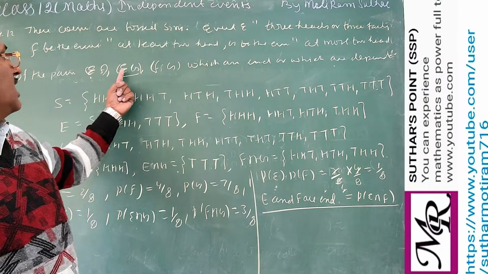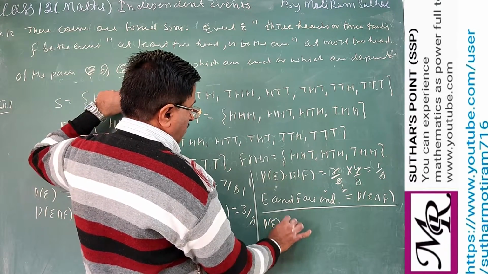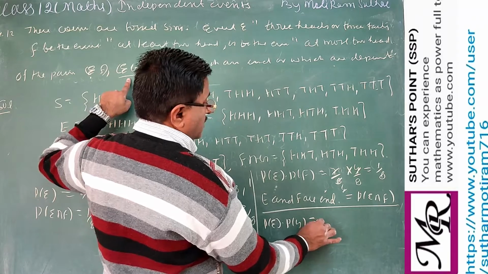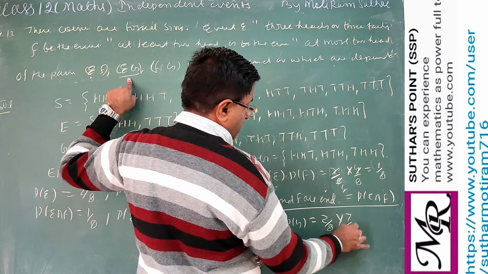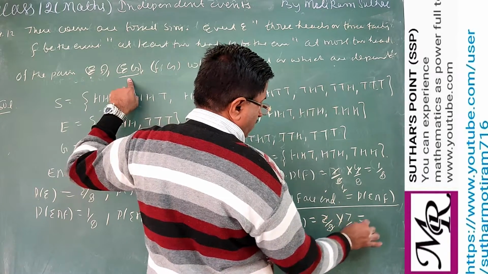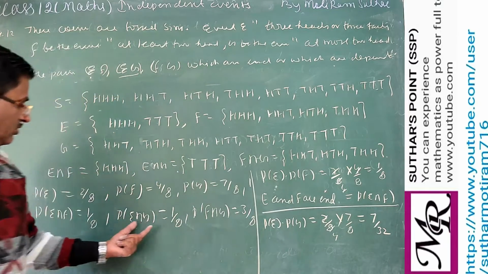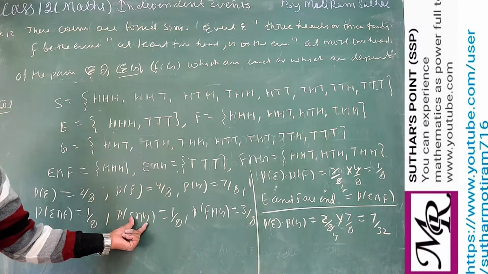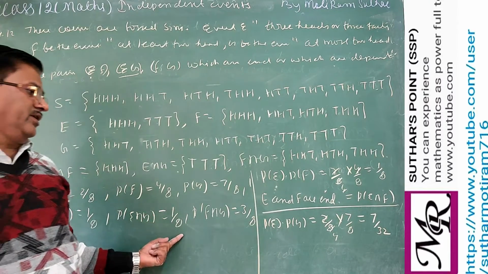Now we check for E and G. You find the probability of E into probability of G. E is 2 by 8 and G is 7 by 8, so 1 by 4 times 7 by 8, that is 7 by 32. And 7 by 32 is not equal to P(E intersection G), because its probability is 1 by 8.